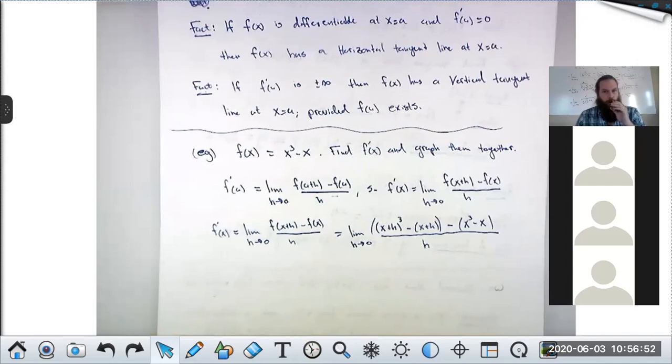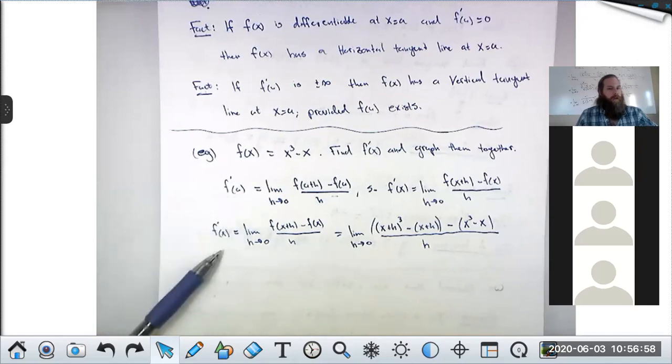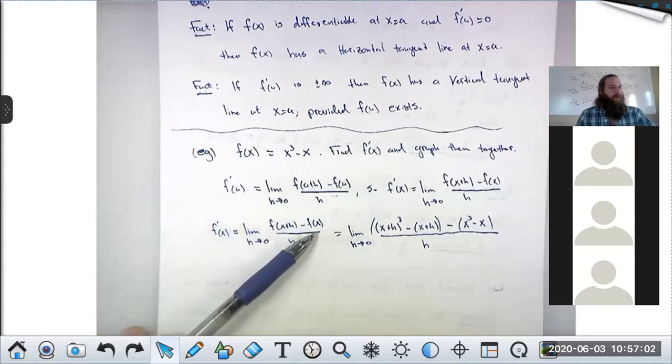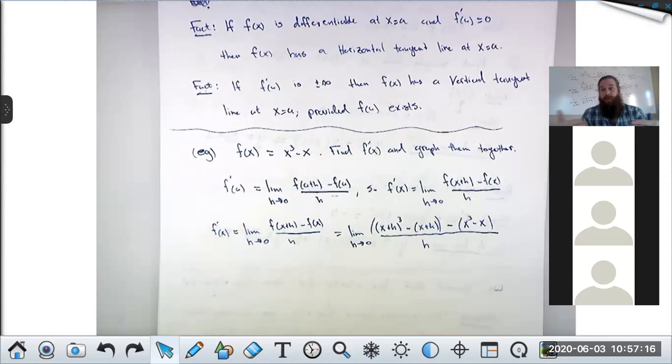So the reason I'm doing this, writing an x here instead of an a here, is because I want to graph the function and its derivative on the same coordinate axes. So I need to use the same variable for both. That's all. Instead of calling one function f of t and another function f of x, I just call them both f of x.